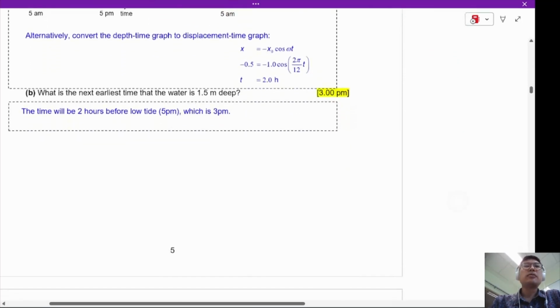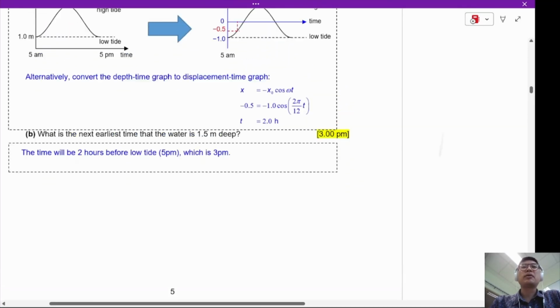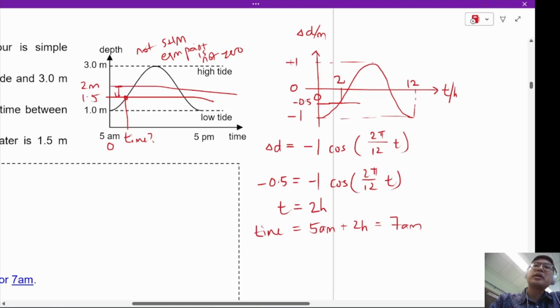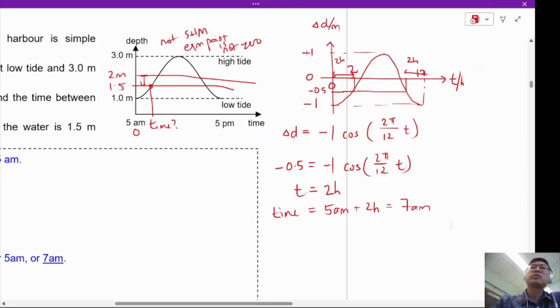Now let's move on. What is the next earliest time that the water is 1.5 meters deep? Now, by symmetry, right? If this time period here is 2 hours, then by symmetry, this time period here is also 2 hours.